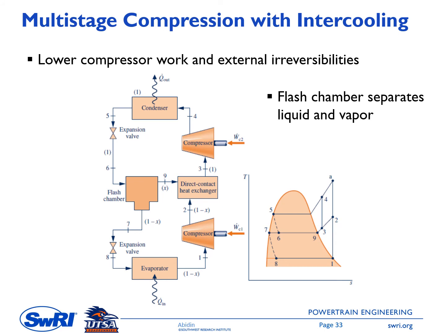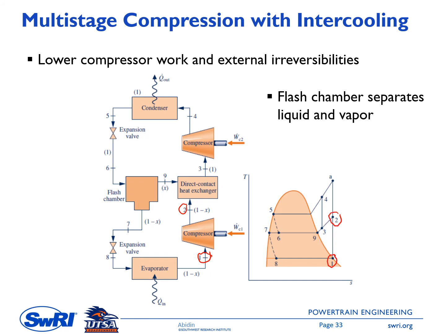So we can start from this point, point number 1. This is at the entrance of the first compressor, and then the working fluid is compressed to state number 2. So in the TS diagram we have state number 1 in this case, and then state number 2.